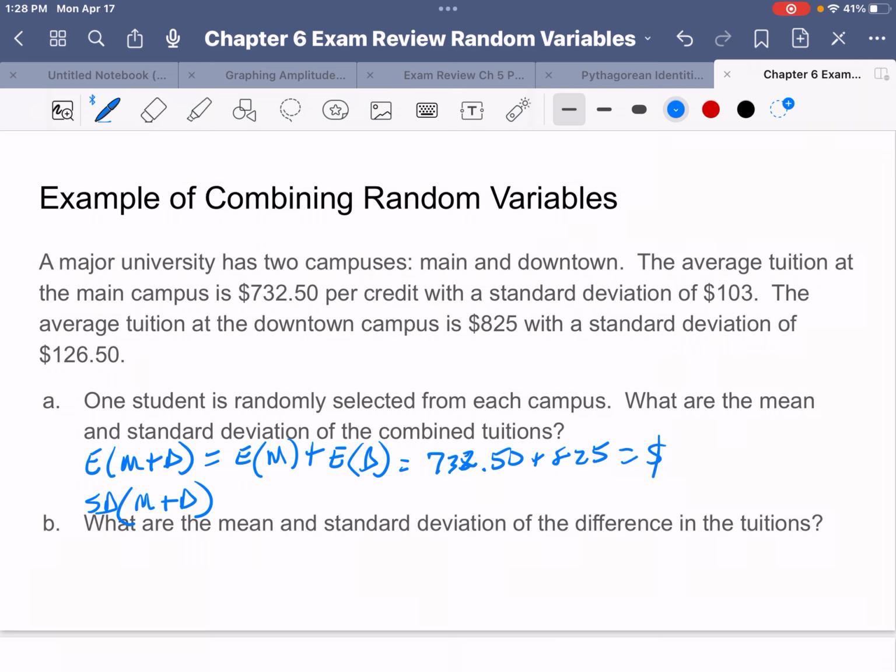So if you combine the tuitions of one student from each campus, $732.50 plus $825 is merely $1557.50.